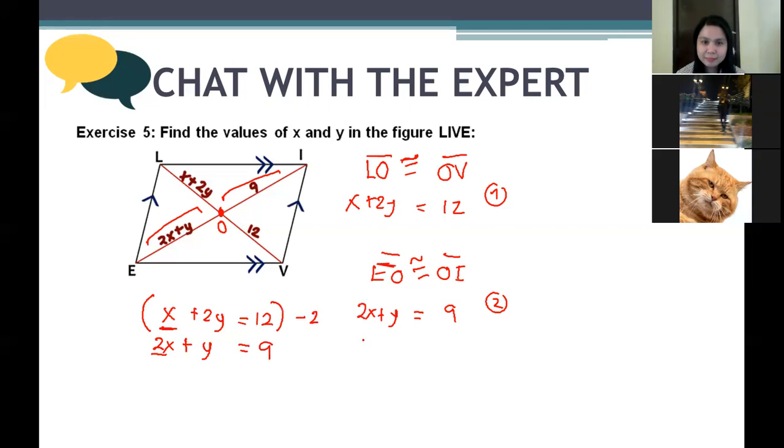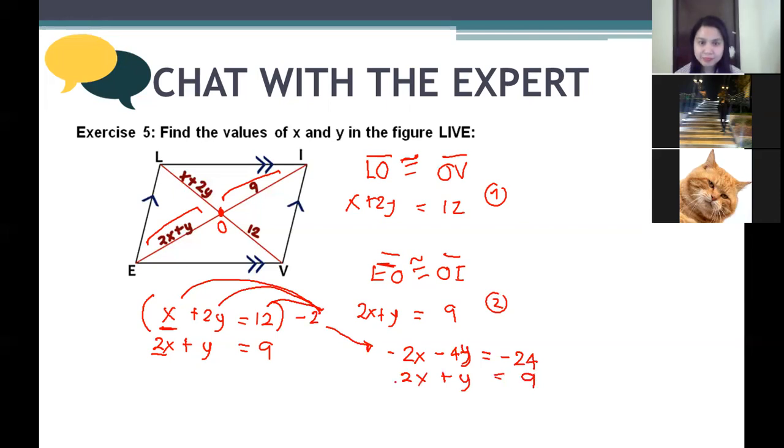So that it becomes -2x, -2 times 2y, -4y, -2 times 12, -24. Then we write the one in the bottom. 2x plus y equals 9.